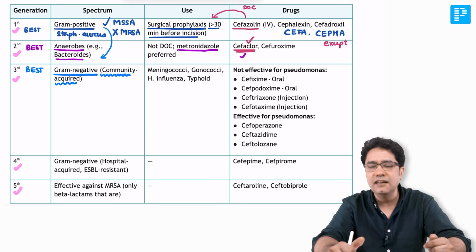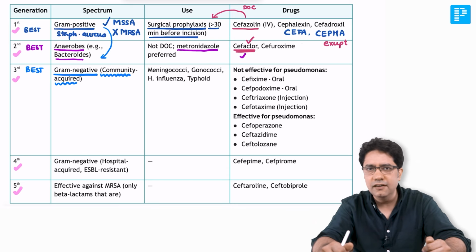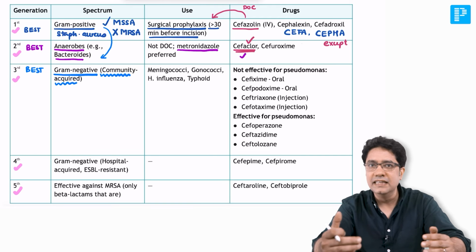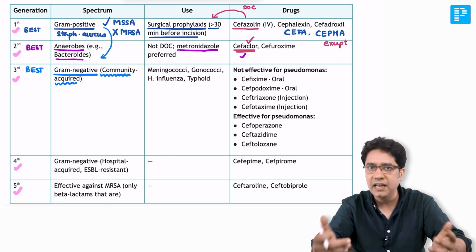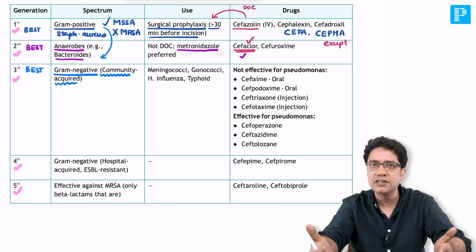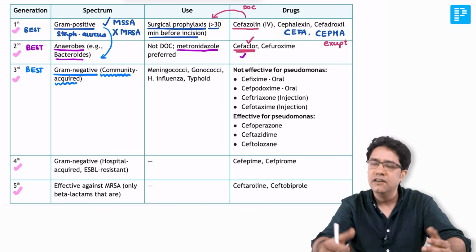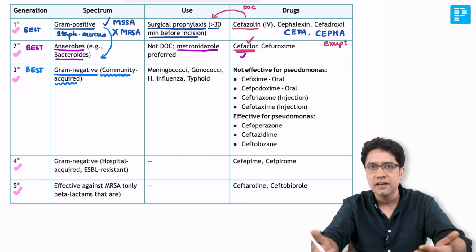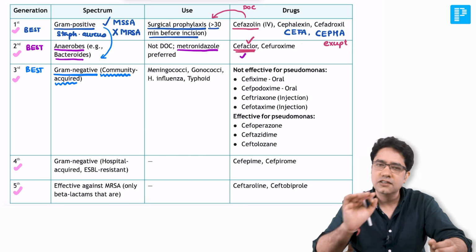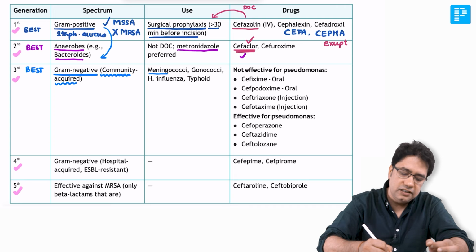Can you recall certain infections? Typhoid, caused by Salmonella typhi, a gram-negative bacteria. Neisseria meningitidis, which causes meningococcal infection, spreads through aerosols in the community. Similarly, gonococci or gonorrhea spreads through sexual transmission, and Haemophilus influenzae also spreads through air droplets. So any gram-negative infection which spreads in the community, straight away go with third generation cephalosporin as our drug of choice.